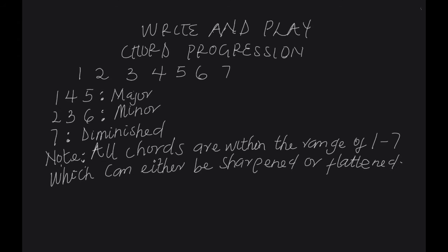Every chord is within the range of 1 and the 7. The only thing that can change their characteristics is the sharp and flat. For example, you can sharpen the 1, but you see a 1 is now sharp 1. You can flatten the 7, but you see a 7 is called the flattened 7.